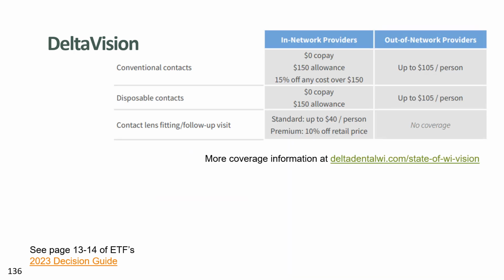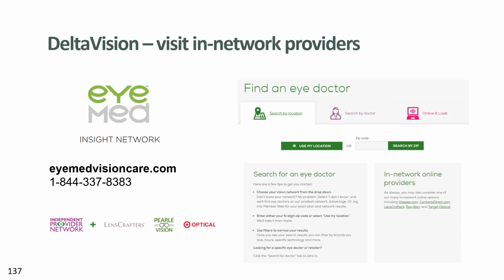If you were to elect contact lenses instead of prescription spectacles, you are allowed a $150 allowance per year. If you enroll in the Delta Vision plan, to receive the greatest amount of coverage possible through the insurance plan, visit their in-network iMed Insight Network eye doctors.